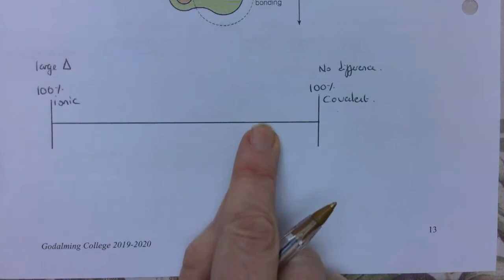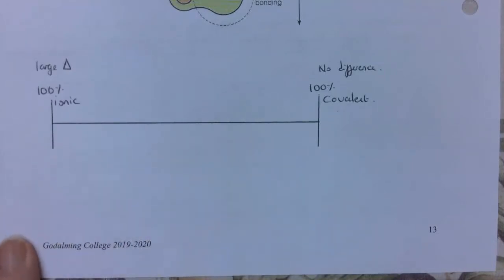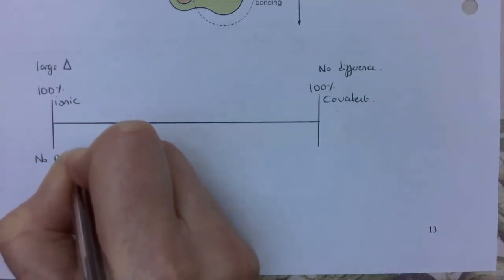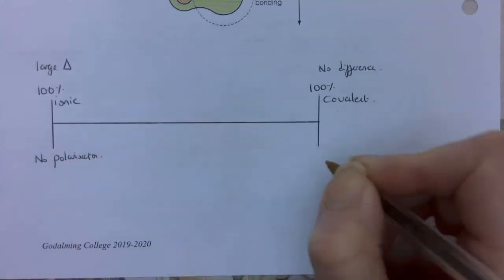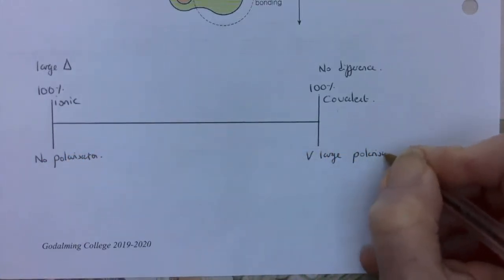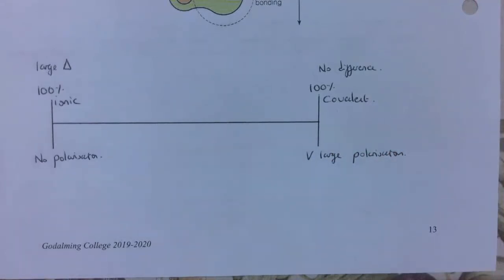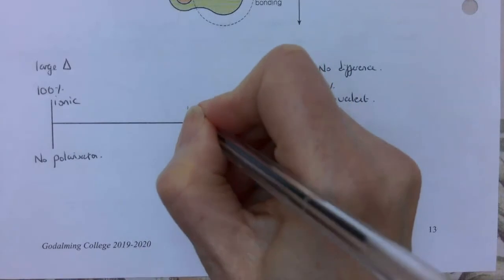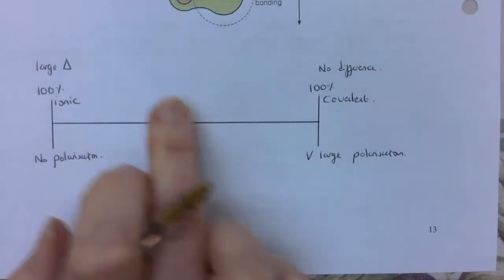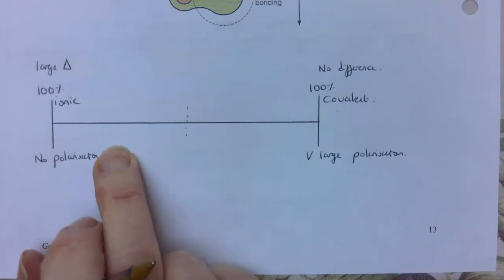So there are covalent substances that have a degree of ionicness. We've now looked at it in terms of polarization. So there's no polarization here. There's a very large polarization here. But again, most things sit on the continuum somewhere between the two. We put a kind of break and we say that anything this side is going to be covalent, anything this side is going to be ionic.